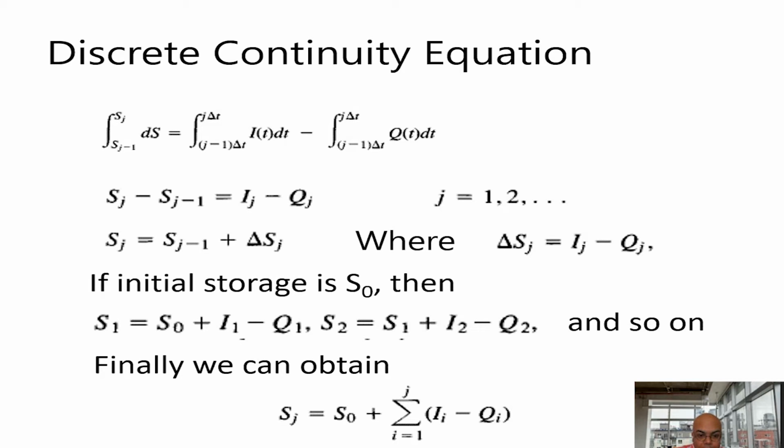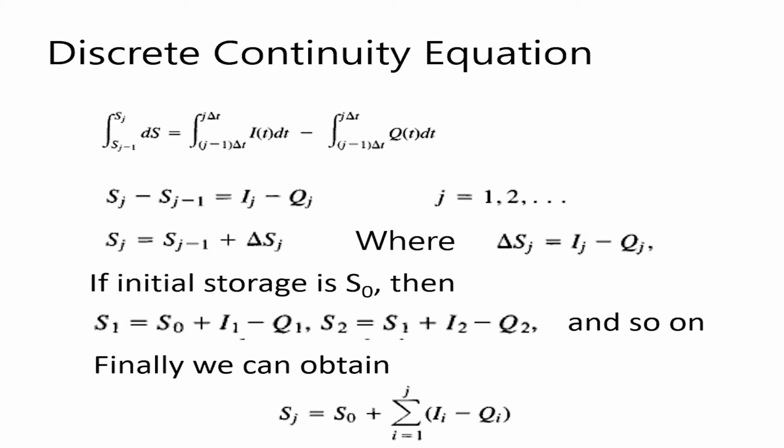So S2 is equal to S1 plus I2 minus Q2, and S1 is equal to S0 plus I1 minus Q1, so we can substitute here. Finally, when we integrate up to the current time j from the beginning, we get S(j) equal to S0 plus the summation over i equals 1 to j of I(i) minus Q(i).